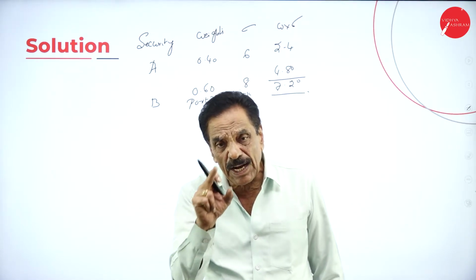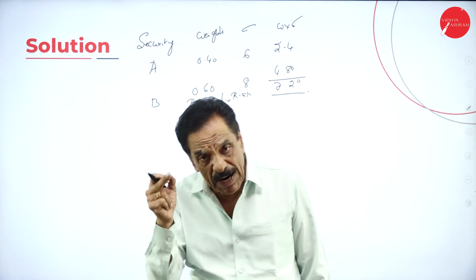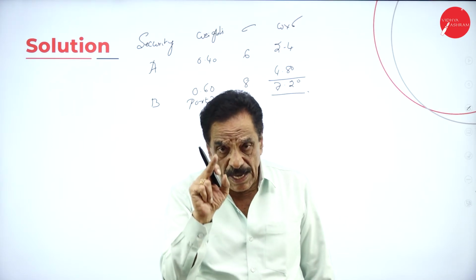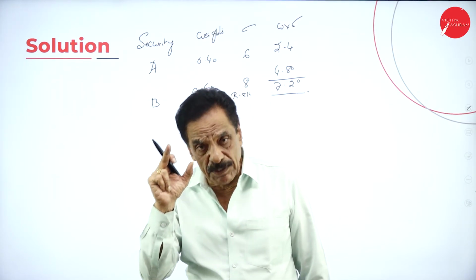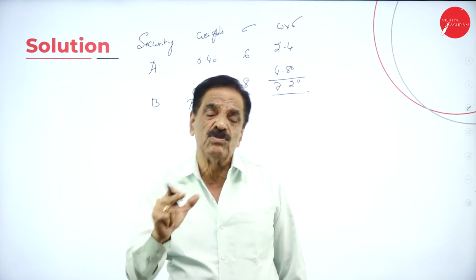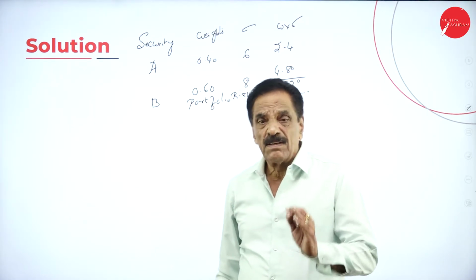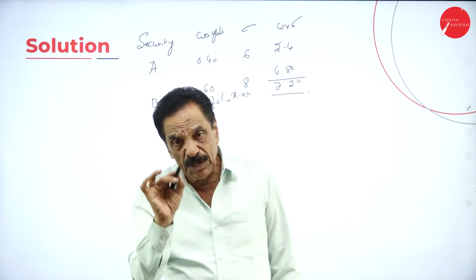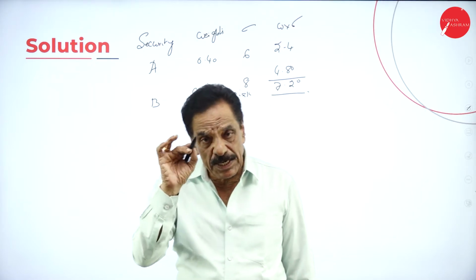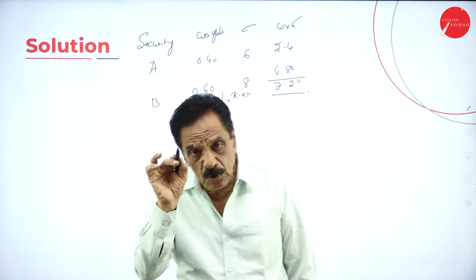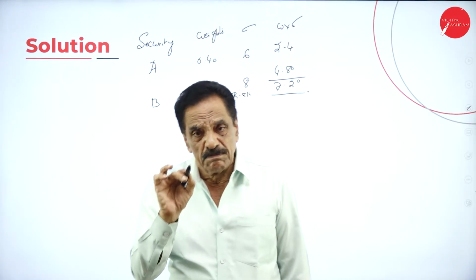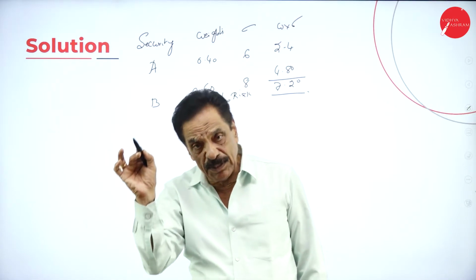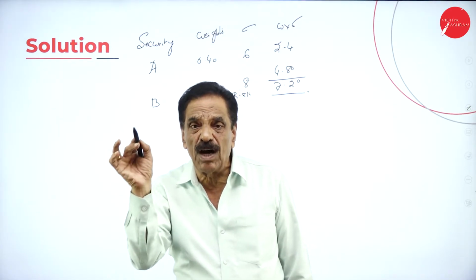Weight A into standard deviation 1 square plus weight B into standard deviation 2 square plus 2 into weight A, weight B, standard deviation 1, standard deviation 2 into R. I will repeat: root of weight A whole square, standard deviation 1 whole square, plus weight B whole square, standard deviation 2 whole square, plus 2 into weight A, weight B, standard deviation 1, standard deviation 2 into R.